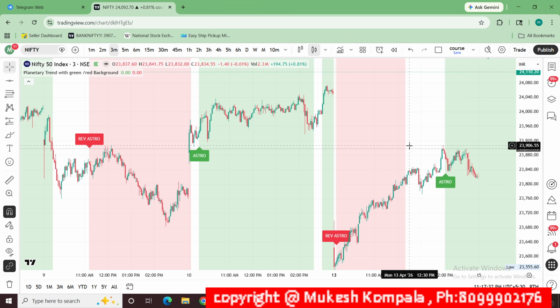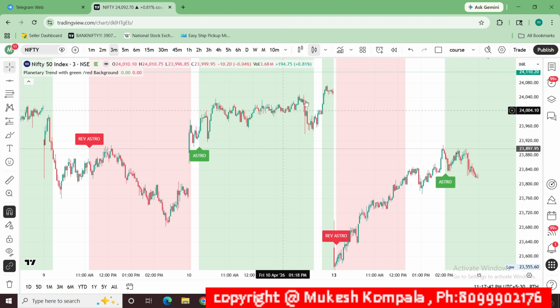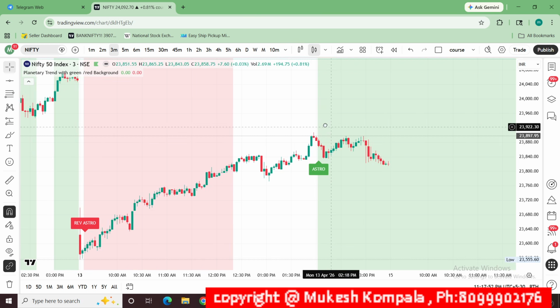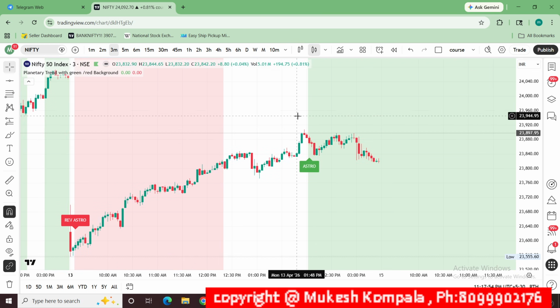Okay, then better you do future trading or option selling only, because nowadays option buying is a very premium decay thing. You will get lost in that. Even if the target has been reached, you will be in loss because of premium decay. So better to trade in futures. Even compared to option selling, futures is the best thing.